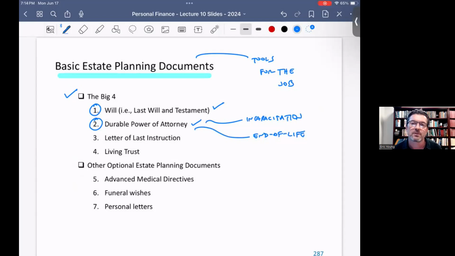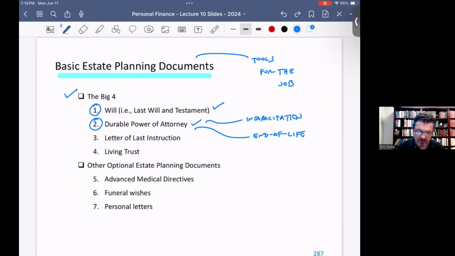Again, very difficult things to think about, but you've got to think about them, okay? Because no man is guaranteed tomorrow. I would argue that everybody needs these two. So of the big four, you probably need ASAP a last will and testament, your will, and a durable power of attorney.